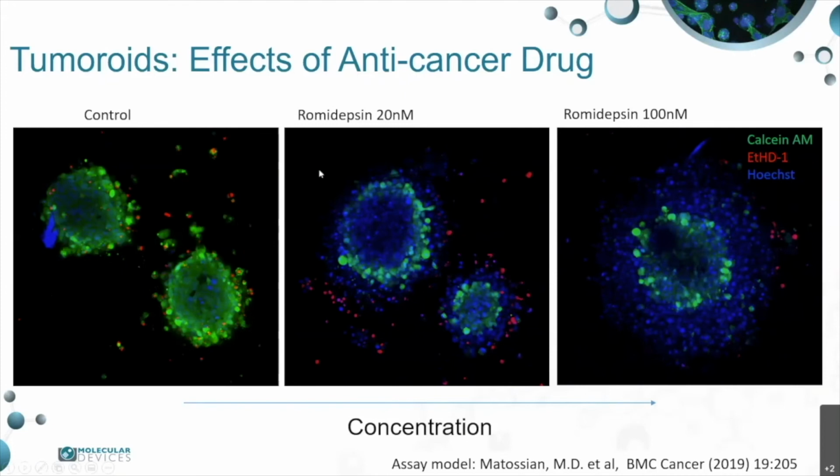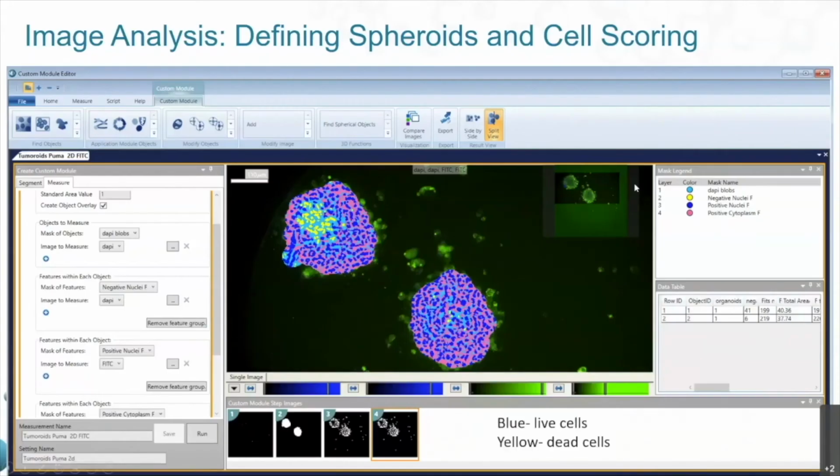So here you can see control organoids, tumoroids stained with calcein AM and ethidium homodimer, and you can see decrease of cell viability with romidepsin, increasing concentration of romidepsin. And so then you can follow up with imaging and image analysis.